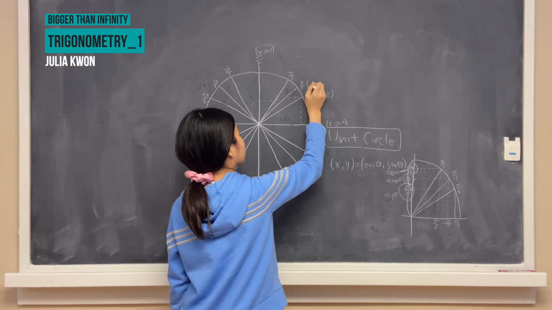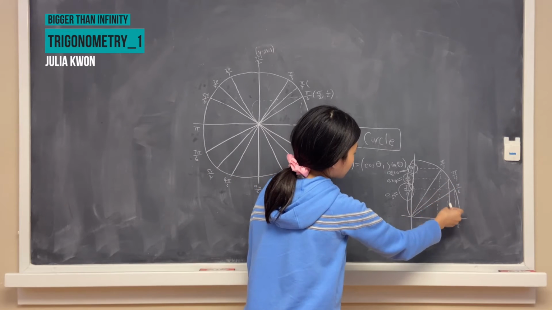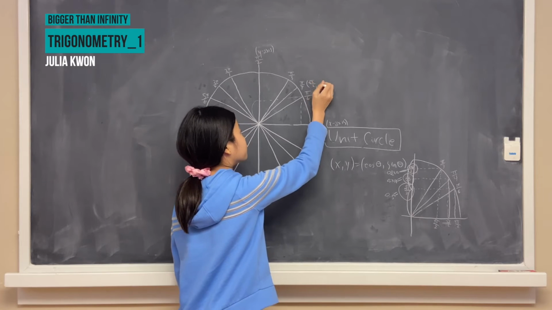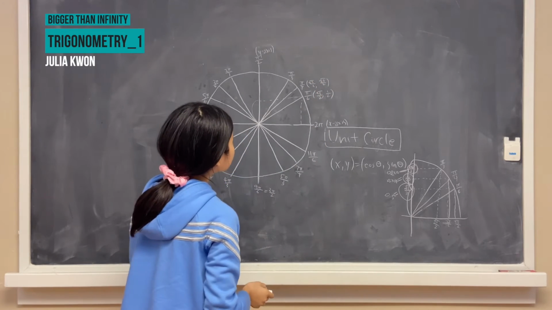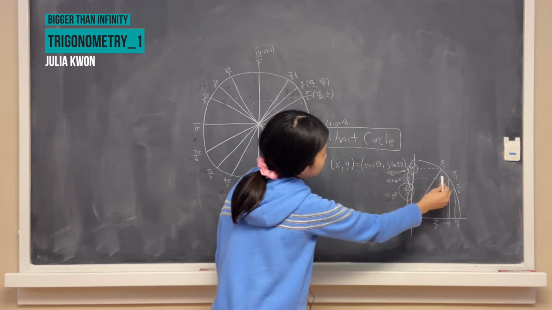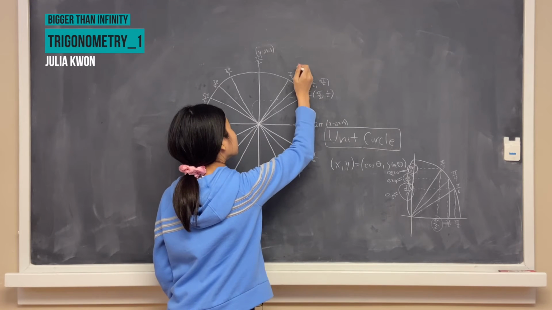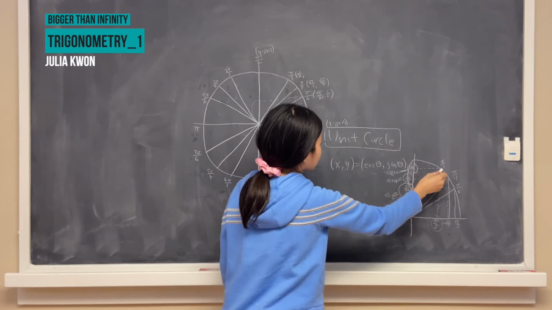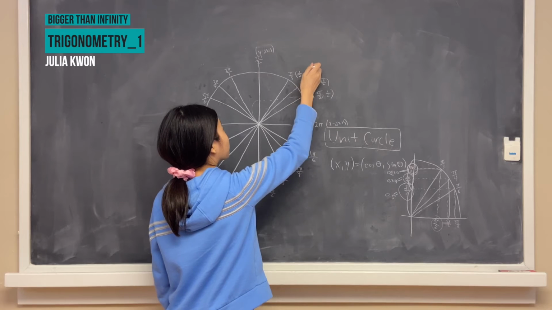And for the radian pi over 4, we would have square root of 2 over 2, and the same for sine. And for the radian pi over 3, we would have 1/2 for cosine, and square root of 3 over 2 for sine.